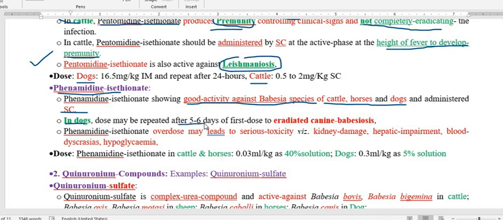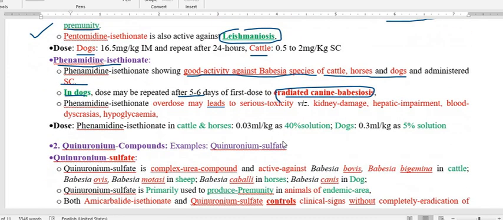In dog, the dose of phenamidine isethionate should be repeated 5 to 6 days after the first dose, which will help to eradicate canine babesiosis. So phenamidine isethionate may be used for the treatment and eradication of canine babesiosis.